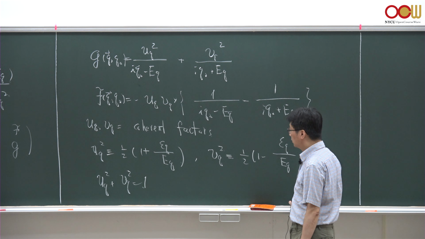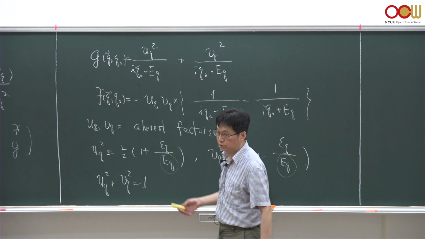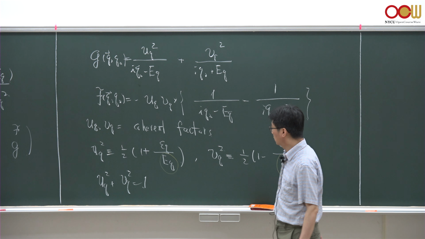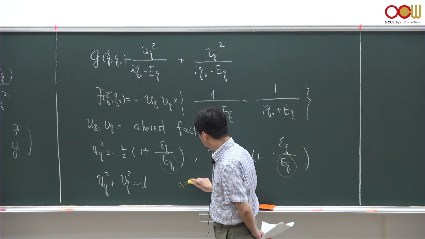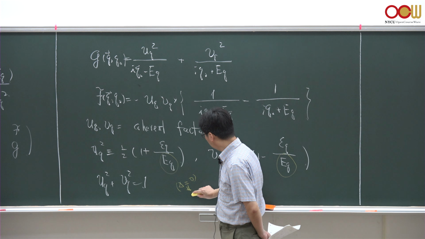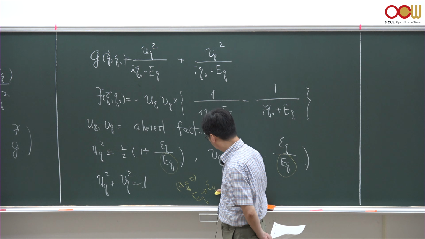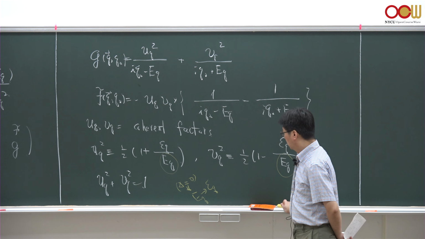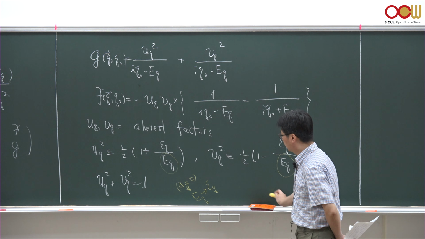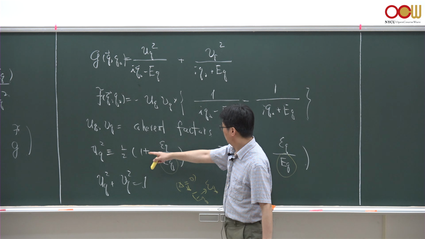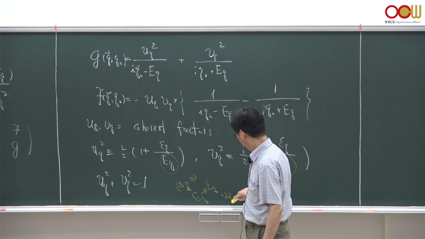If you look at this one more time, you will find that when there's no superconducting behavior in your system, namely if your gap vanishes, then this capital E is reduced to epsilon Q. When you are back in the normal state, U of Q is what? One half times 1 plus 1, which is 1, right?